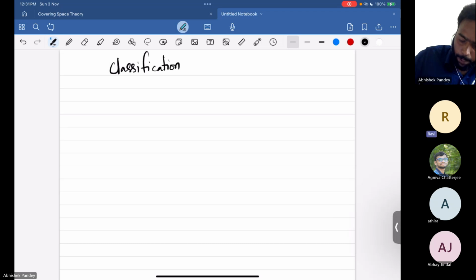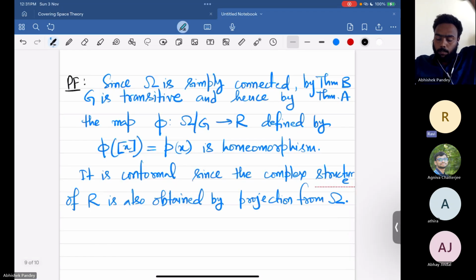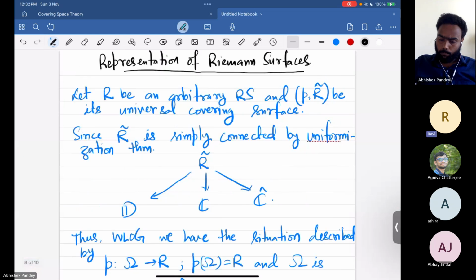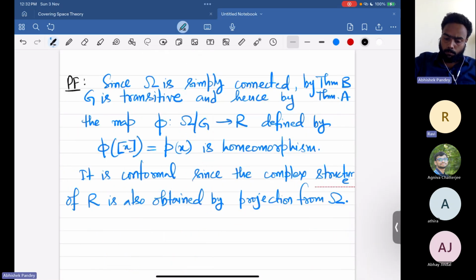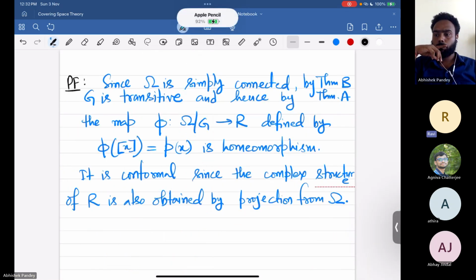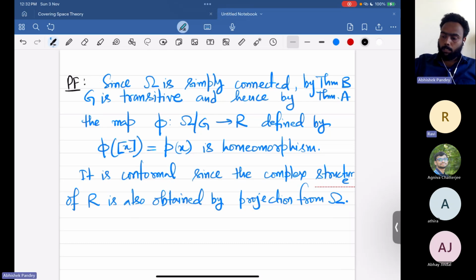What will be the explicit atlas for omega modulo G? How can we construct the holomorphic atlas for omega modulo G?